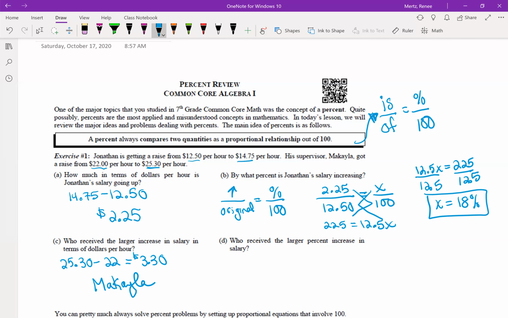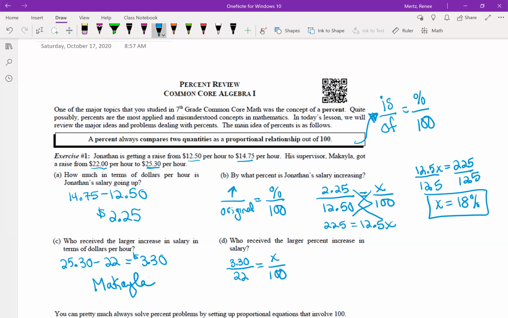Who received the larger percent increase in salary? Let's figure out Michaela's. So Michaela is $3.30 over her original salary, 22, which equals percent over 100. Please calculate hers. So I'm going to call the percent X, cross multiply, 3.3 times 100 equals 22X.